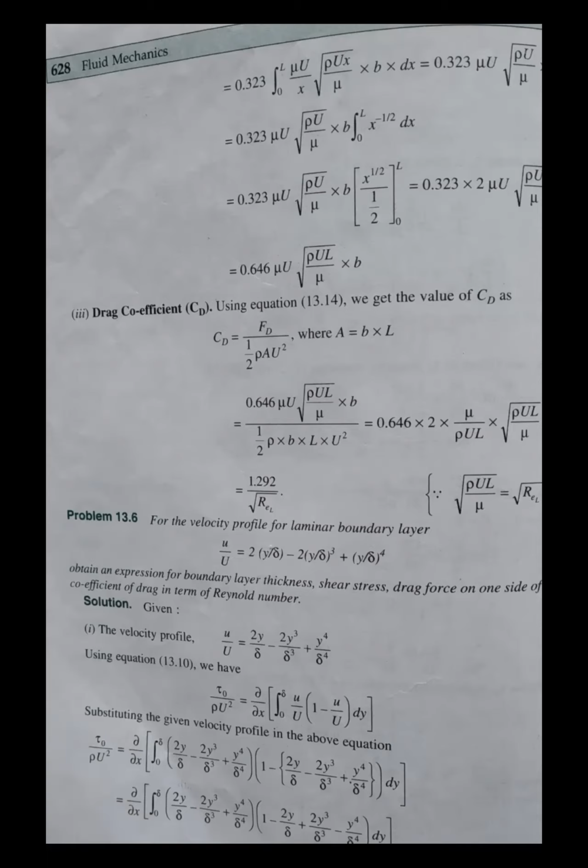Therefore, without knowing the value of Reynolds number, the momentum integral relation tau 0 by rho U square is equal to d by dx of theta is applied, where theta is the integral from 0 to delta of u by capital U into 1 minus u by capital U dy.